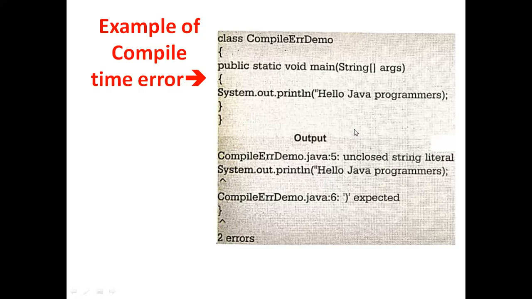In System.out.println I have not written the ending double quotes, because of which the string is not ended properly, and due to which the error message is displayed. This is the example of compile time error.